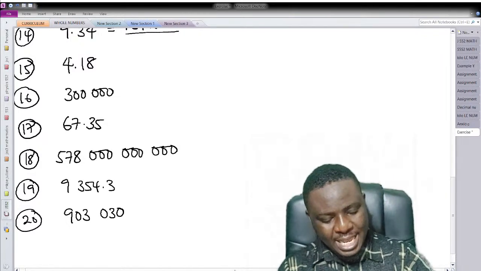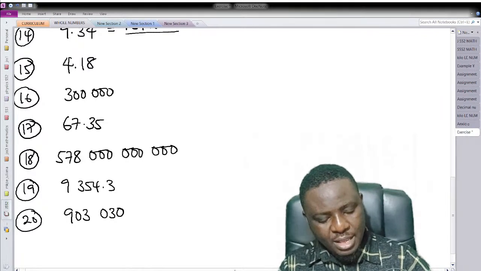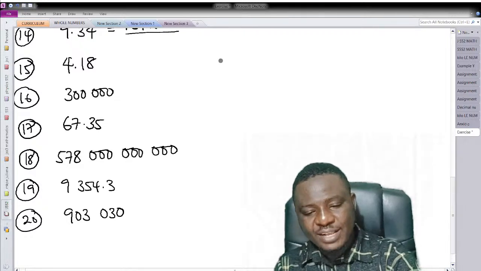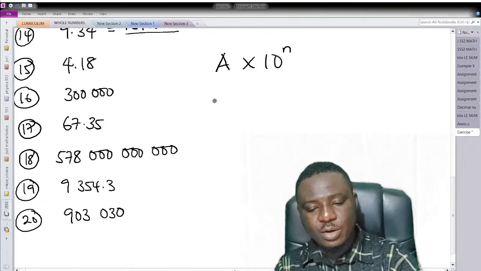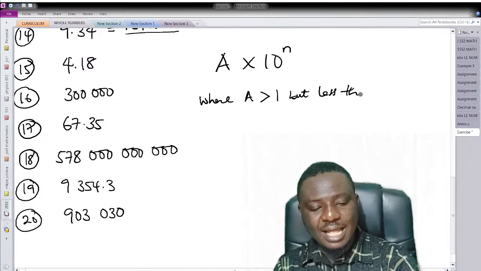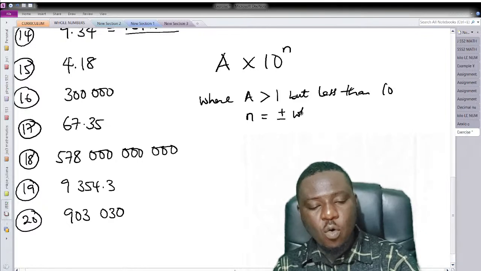We said a number is said to be in standard form if it can be expressed as a times 10 raised to the power of n, where a is a number that falls between 1 and 10, where a is greater than or equal to 1 but less than 10, and n is equal to positive or negative whole numbers.